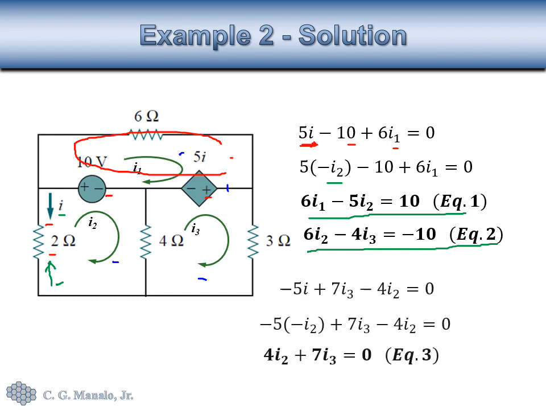And for the third loop, starting from here, going in the clockwise direction again, that will be negative 5I. Here, plus 3 plus 4, 7I3, then minus 4I2 equals 0. Simplifying, we will get this equation.